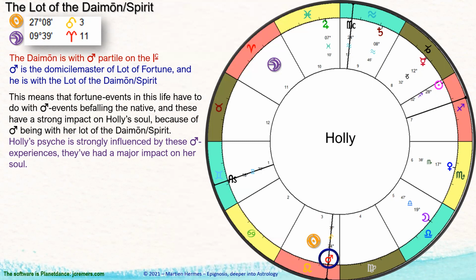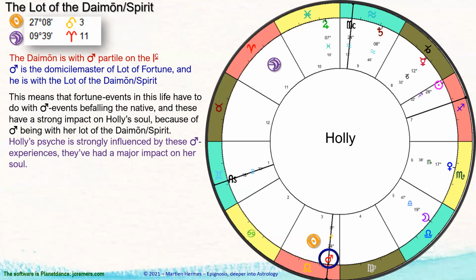But of course, that's an open door, because that's something that's relevant for all of us. All our fortune events have a lot to do with how we develop in life. But here it's specifically strongly indicated simply because Mars is with the lot of the daimon. So it has a big impact.